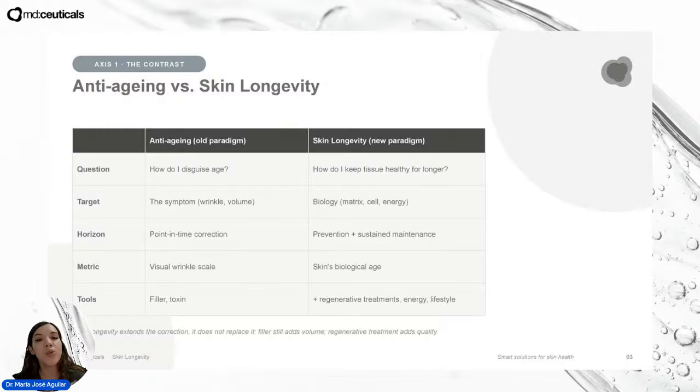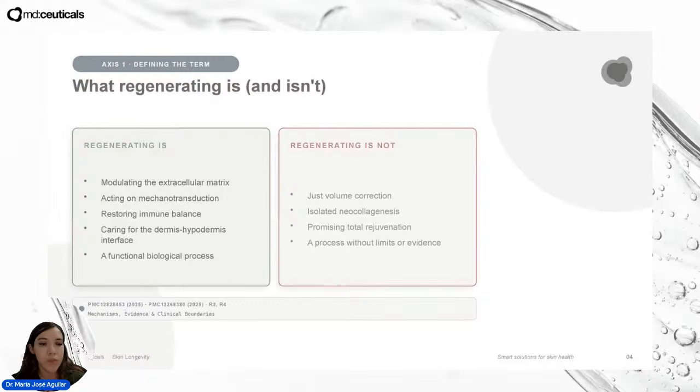But if we are going to do something without changing the morphology, we need to go with a skin longevity treatment. So that's how we can start to develop a full protocol of these combined therapies between anti-aging and skin longevity.